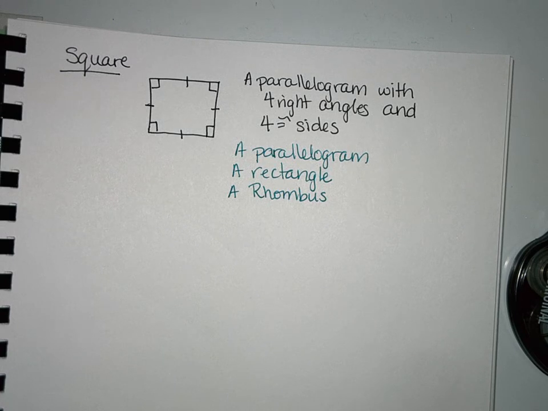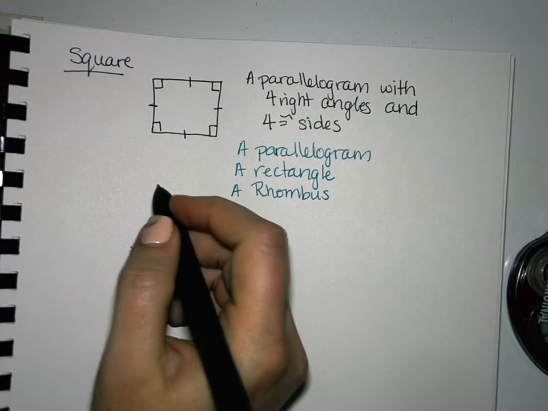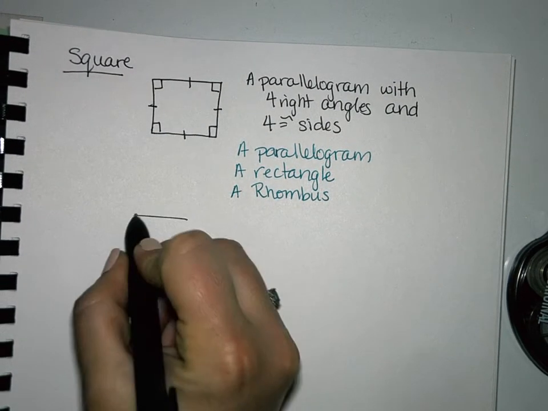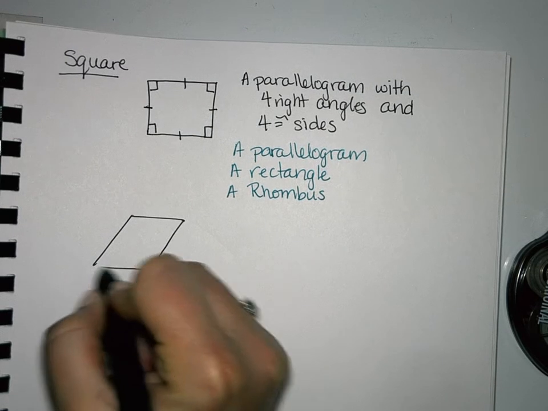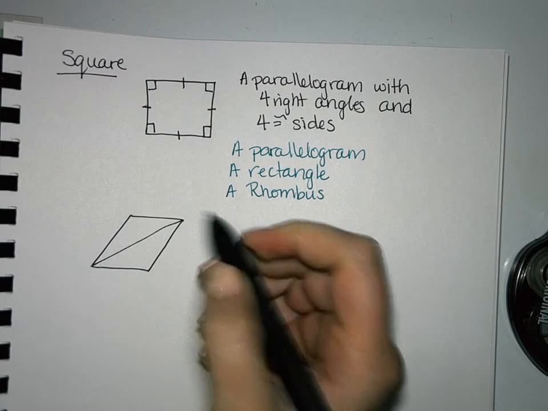So if you look at 17 to 24 on the back, look at number 17. So it tells you that this shape is a rhombus.